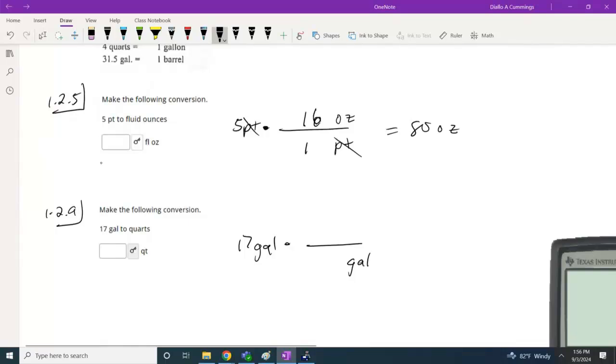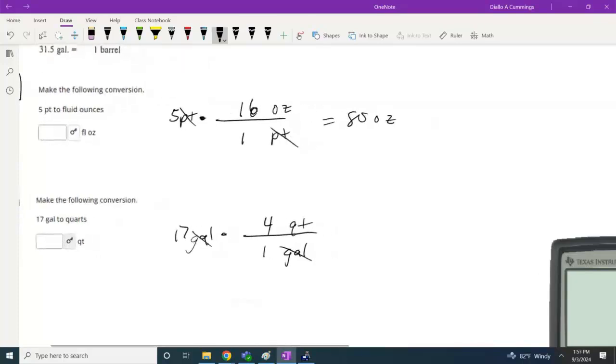So for my unit fraction, I'm going to put gallon in the denominator, quarts in the numerator. Once I cross multiply, the gallons are going to cancel. Just the gallons, not the 17. I multiply 17 times 4, and we get 68 quarts.